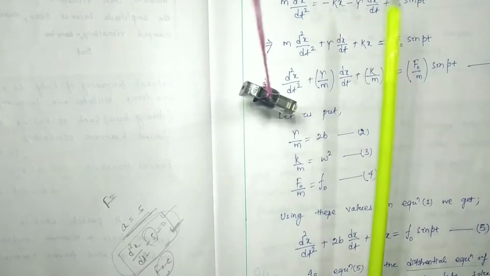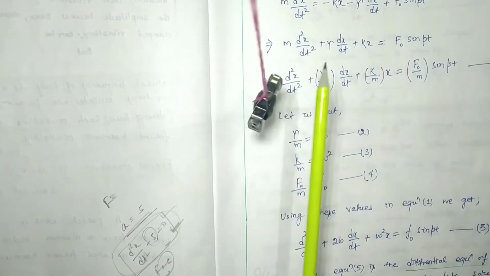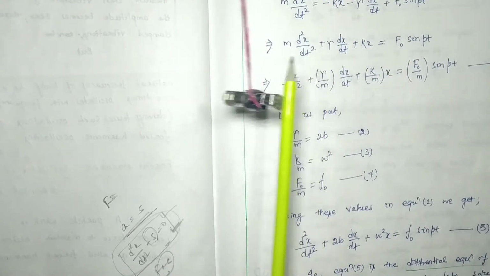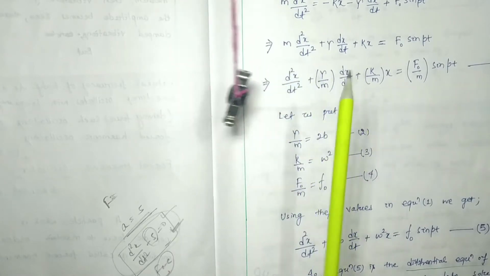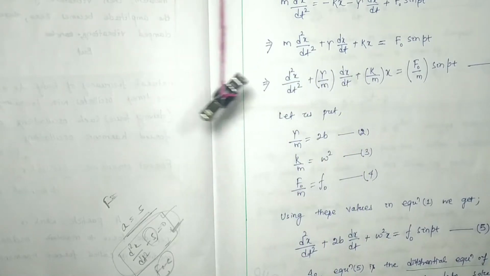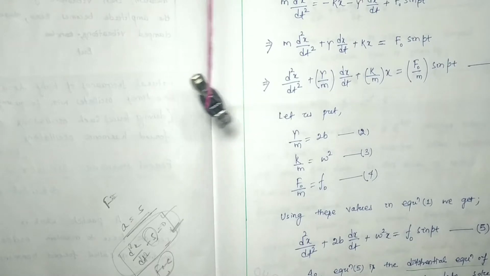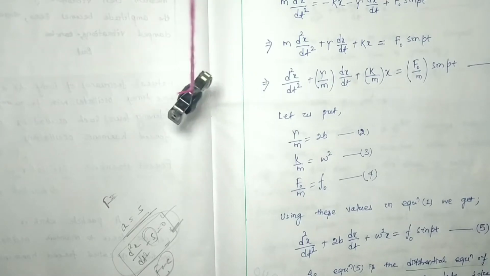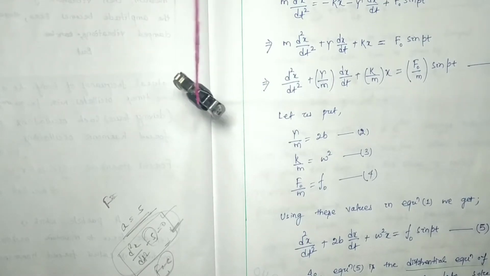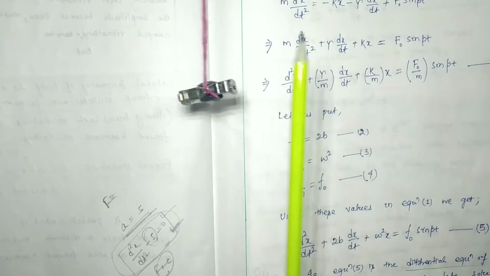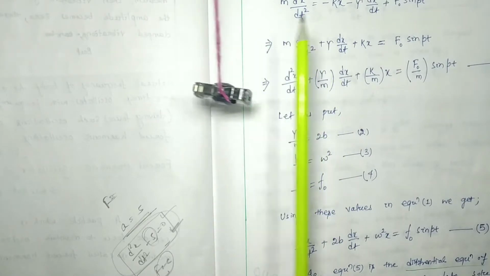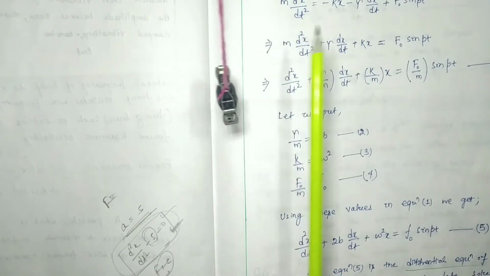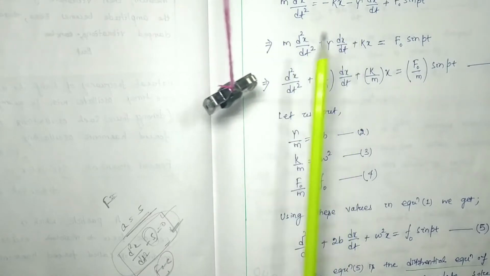Suppose this external force that I am giving on this oscillator is represented by a sine or cosine, that is, the external applied force is a periodic one. Periodic means that with a constant frequency this force is applied on this oscillator.